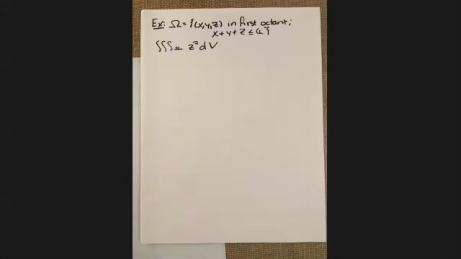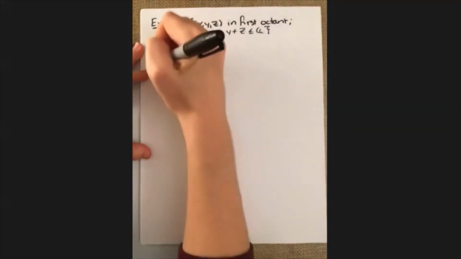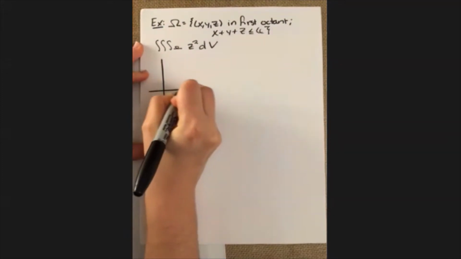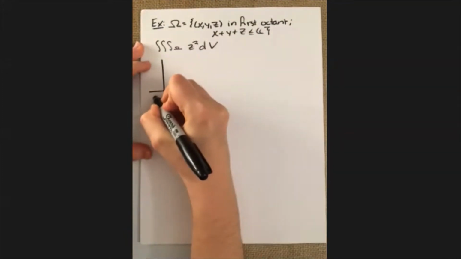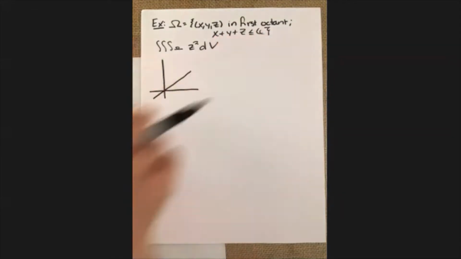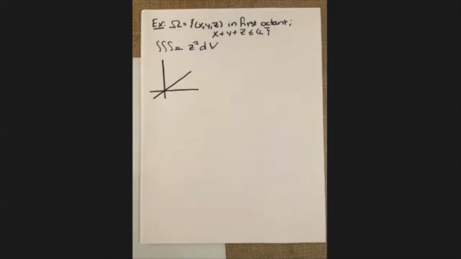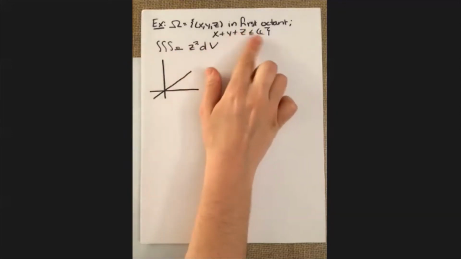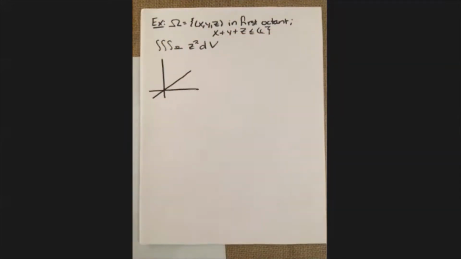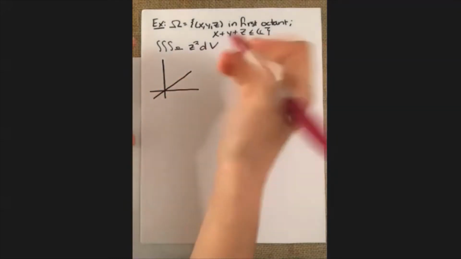So let's go ahead and sketch a picture of the region so we can make our decision about what is the best coordinate system to use for this. So we're looking at x plus y plus z less than or equal to 6. Well, if that were an equal sign, this would be a plane. So we're looking at the area bounded by the plane in the first octant. So that's going to be this region here.